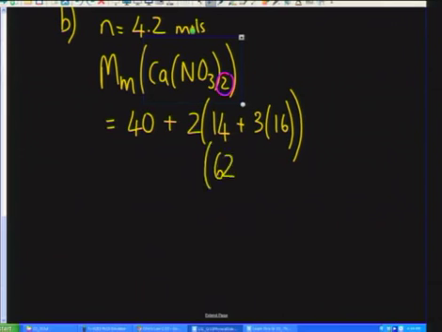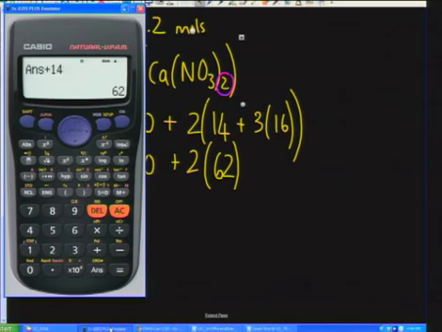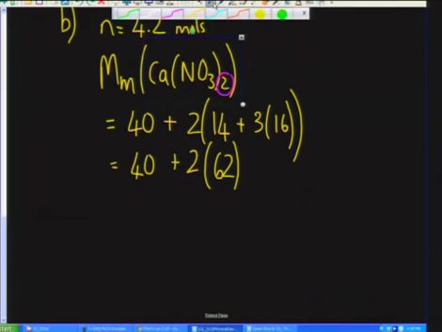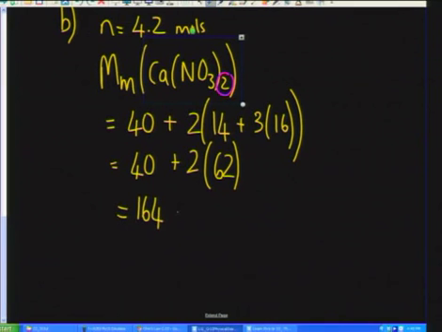Are you following it? So check it again. So I can multiply that by 2, get my answer 148, and then add the 40. I can then check that I've got, so it's now 164 grams in 1 mole.